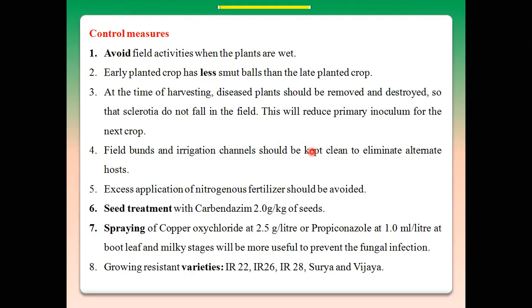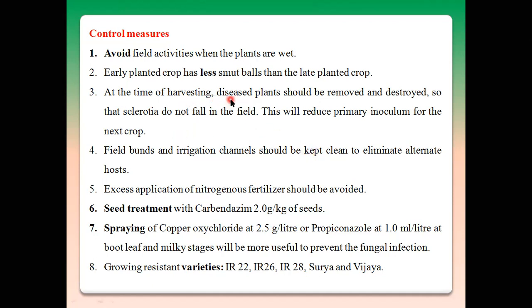So avoid the flow of irrigation water from infected fields to healthy fields, because the sclerotia can disseminate through water. Then early planted crops have fewer smut balls than late planted crops. This is another effective management to avoid such infection in rice plants.